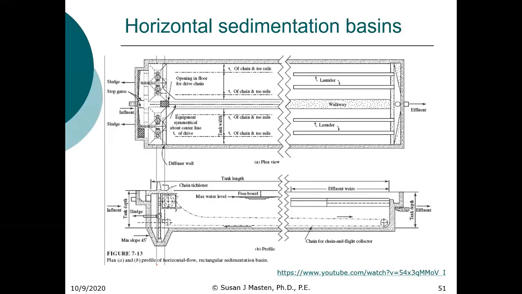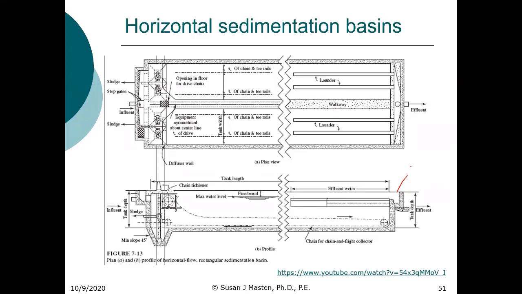This is a horizontal sedimentation basin. What you see here is typically these have a chain and flight mechanism, and what you have is a mechanism. You can see here there's actually this is a scum trough. Sorry, that's the effluent weir.